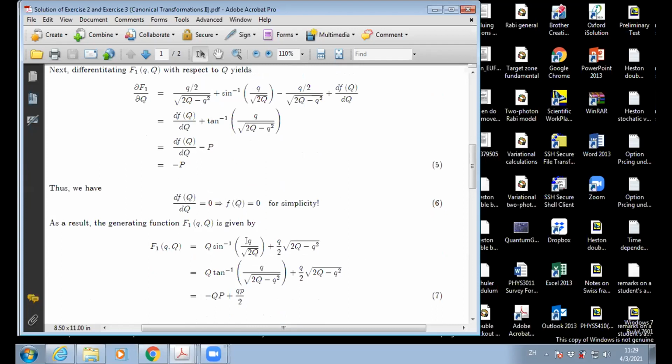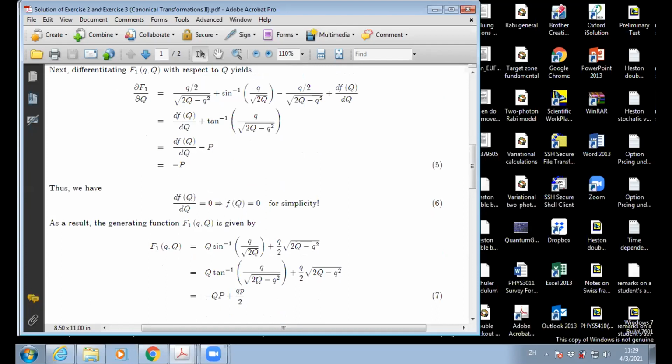Then we substitute in the definitions of capital P and small p, so we can write the generating function as given in the last line of equation 7, minus capital Q times capital P plus 1/2 small q times small p.